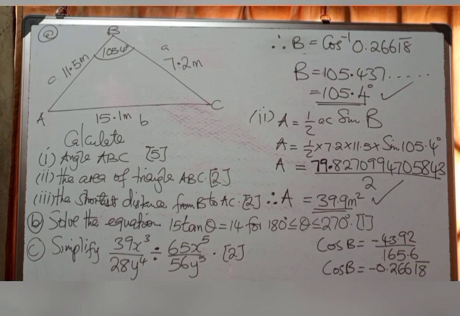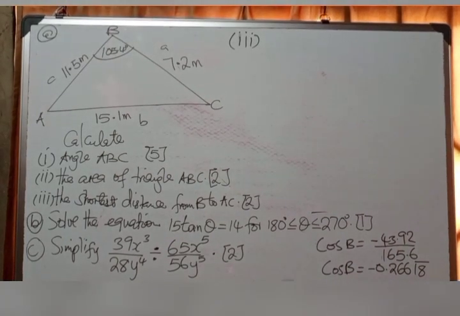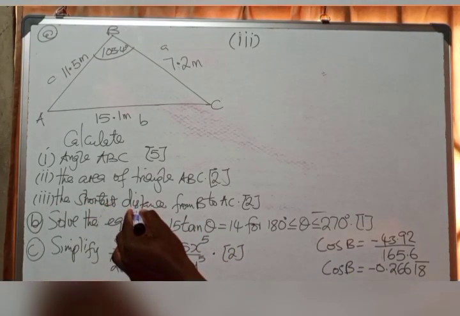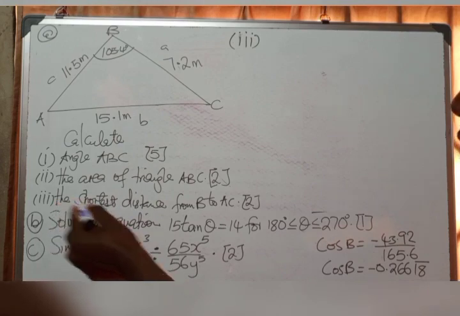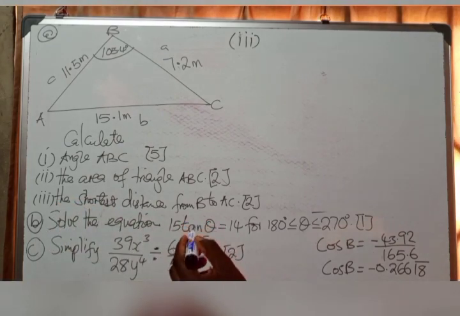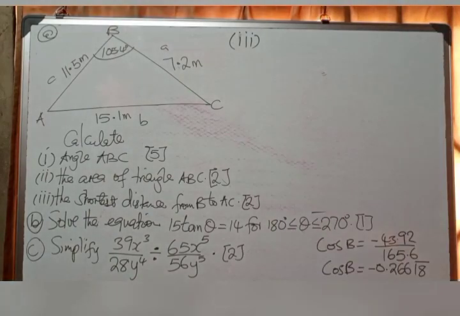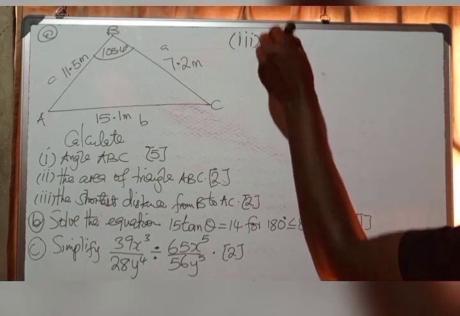Let us go to another question. The other question is to find the shortest distance, which is question number 3, the shortest distance from B to AC. For the shortest distance, you use the formula for area.